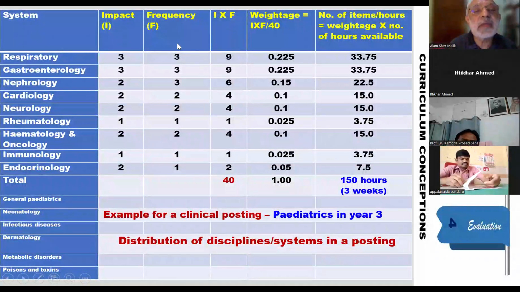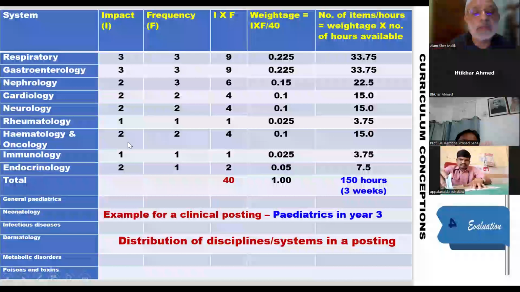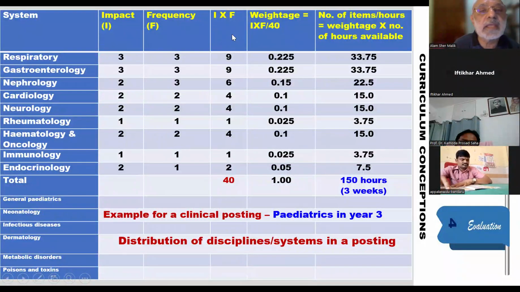So impact times frequency would be 9. Similarly, gastroenterology, nephrology, cardiology, and all that, and based on the impact and the frequency, we multiply impact by frequency, and we add it up, and it comes up to 40. Now, to calculate the weightage of that system here, we would divide the 9, which is for the individual system, by 40, and that would give us this figure.